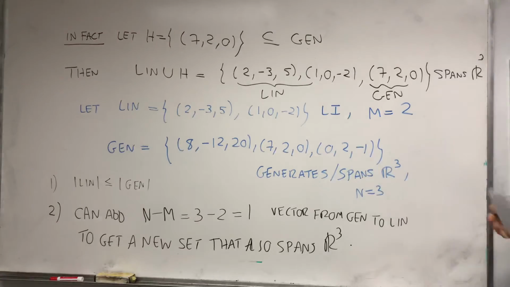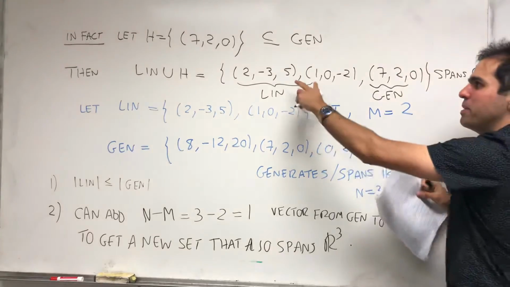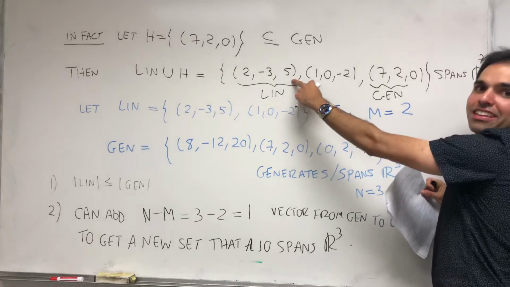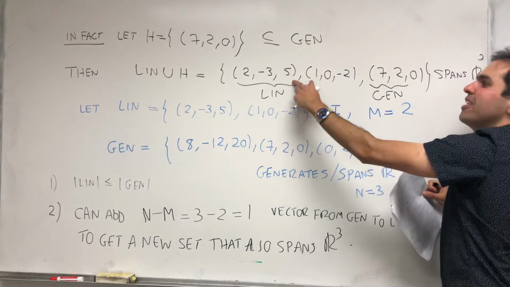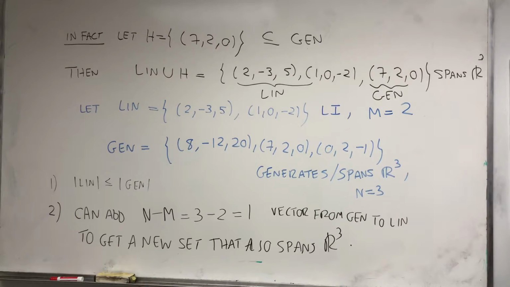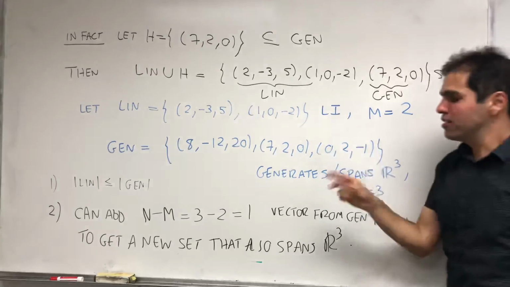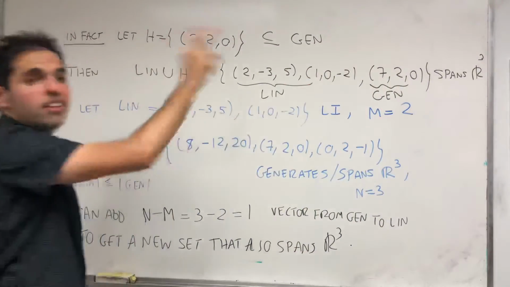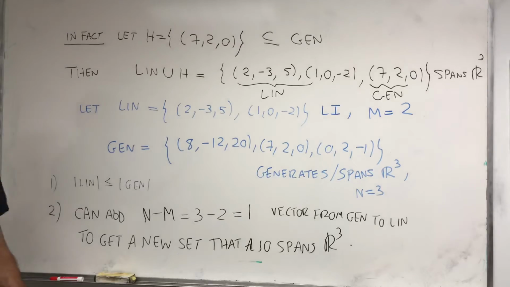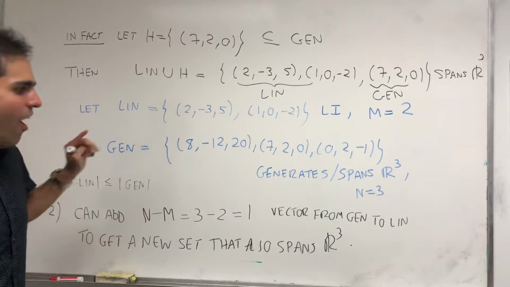And notice, in particular, it's better than the original generating set because the head of it, or I guess head or tail, the way you see it, is actually linearly independent. One thing though, actually no, two things. First of all, this set doesn't have to be linearly independent. All that we know is that it spans R3.